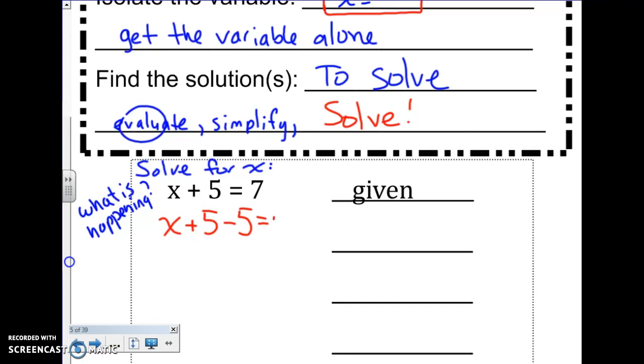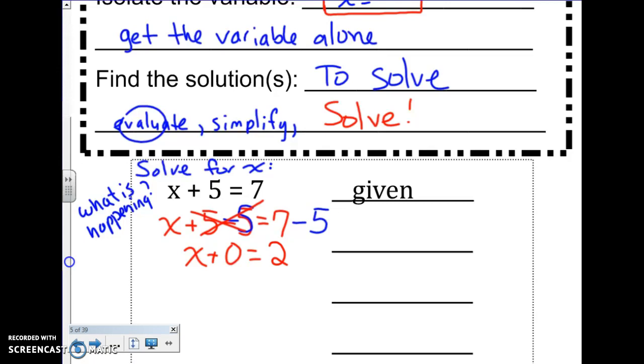Equals 7, but whatever I do on one side of the equation, I also want to do on the other side of the equation, because an equation has to be equal at all times. So I minus 5 from both sides. So then what happens is this is 0. So if you want, we can write x plus 0 equals whatever 7 minus 5 is.